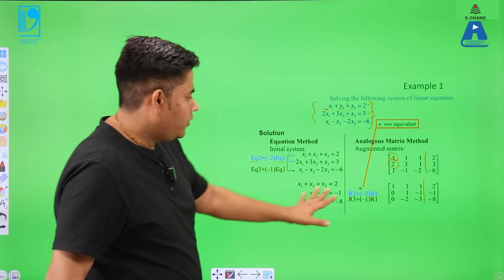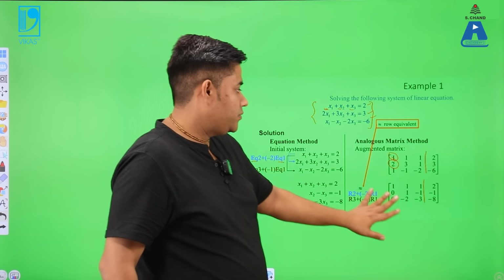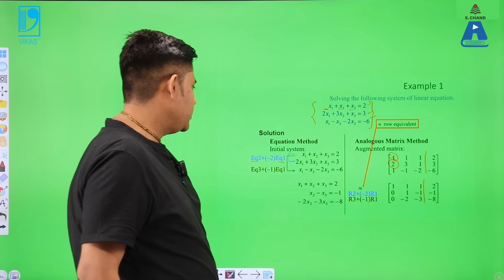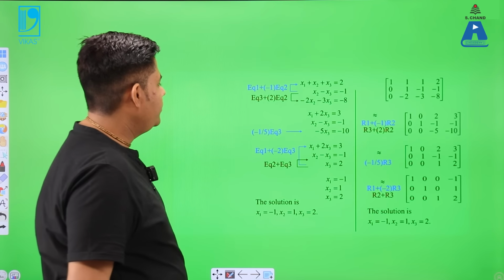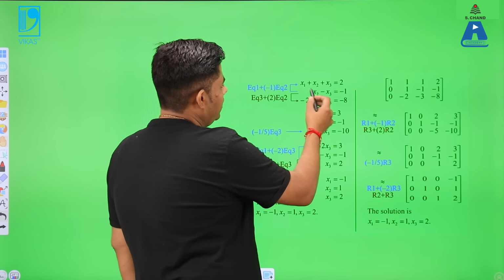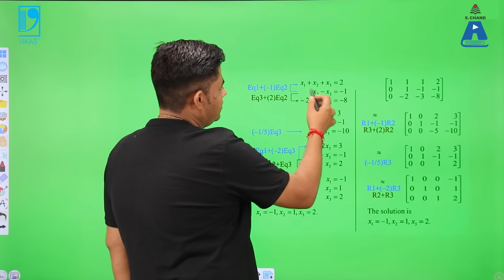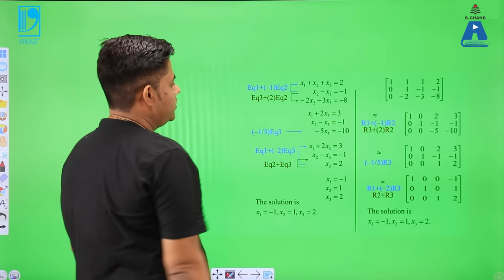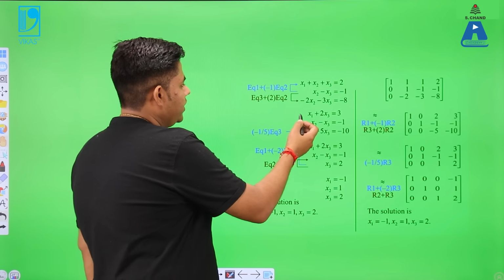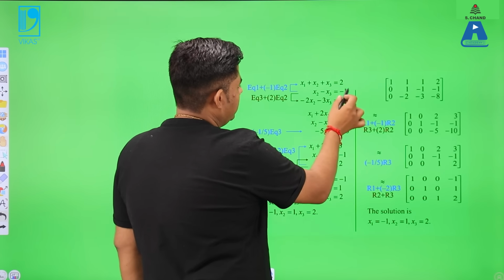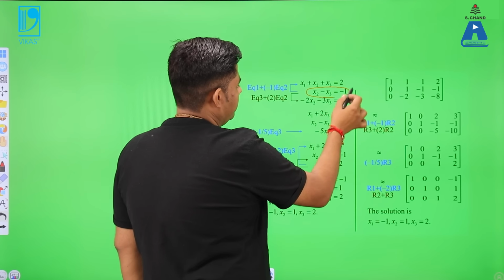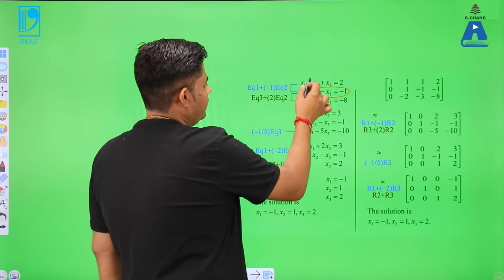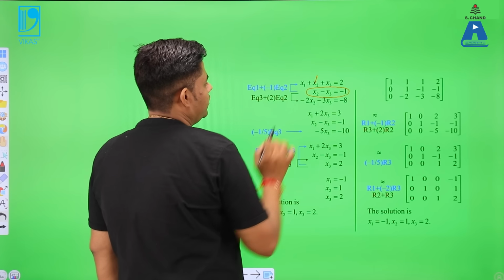So far we have got similar results in terms of the elementary transformations and the elementary row transformations. Then we can keep these equations as they are, and now I want to eliminate the x2 terms. For that, I can keep the second equation the same, and from it I can subtract the first equation because I need to cancel them too.